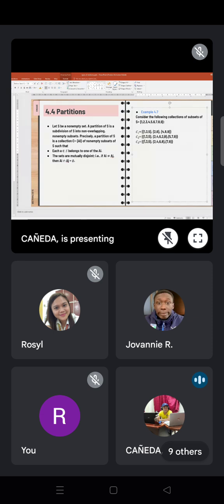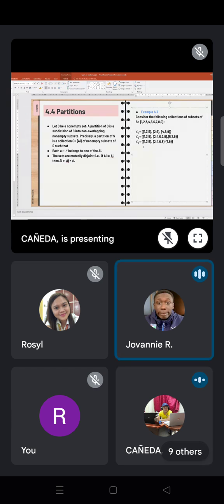Therefore, this cannot be considered a partition.